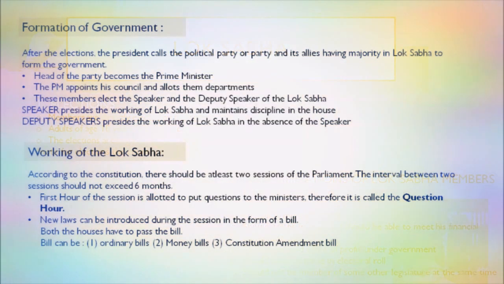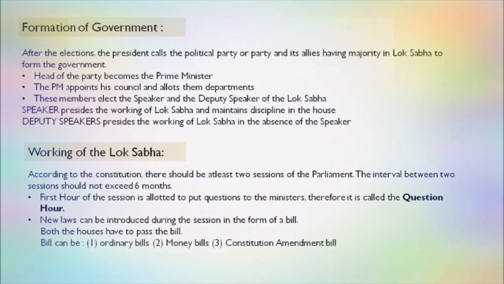Now, what happens after the election is over? After the election, the president calls the political party, or the party and its alliance, having a majority in Lok Sabha to form a government.